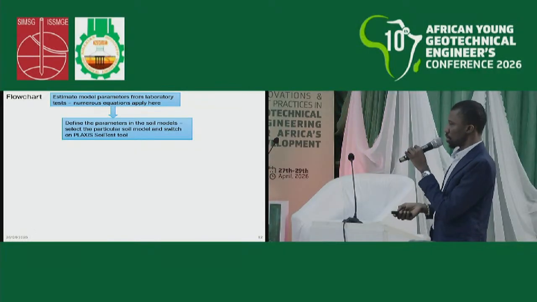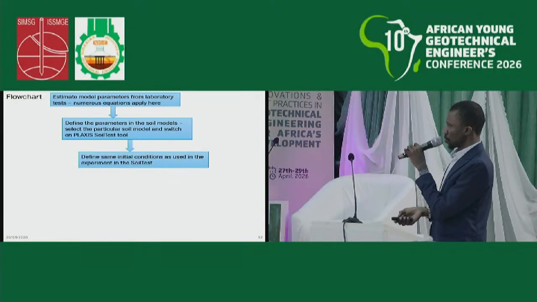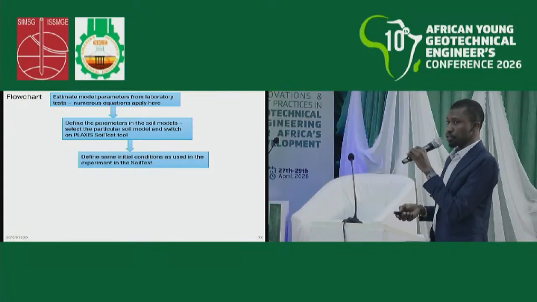Now this is the flowchart for the calibration. First of all, you estimate model parameters from laboratory tests. There are a lot of equations for this. From that, we proceed to define the soil model parameters in Plaxis. You define the soil parameters there, then you define the initial conditions you used for the soil test.